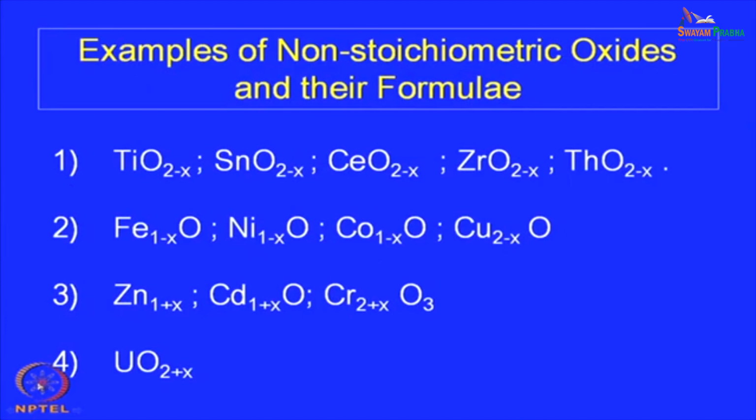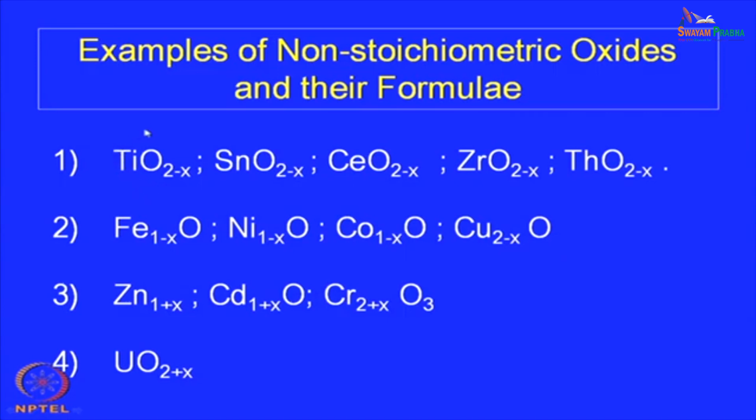Now, these are some examples. I have given you a table earlier of the different kinds of oxides which can have non-stoichiometry in them. There are examples of non-stoichiometric oxides and their formula. The formula is also given because the formula itself denotes which kind of defects they have.